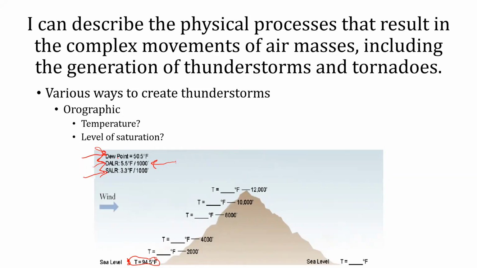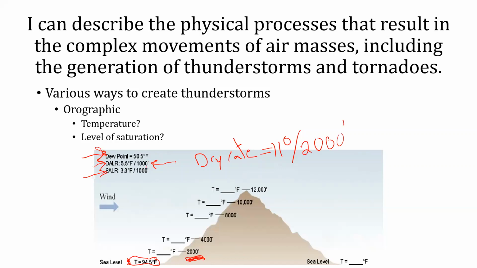So 94 point, oh, I should have got a calculator. That's okay, we can do this. 94.5 minus 5.5 is going to be 89.5, but we're rising by 2,000 feet, not 1,000 feet. So I am actually going to use a dry rate of 11 degrees per 2,000 feet, right?